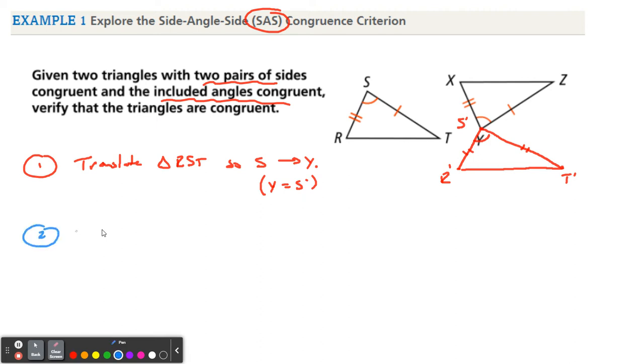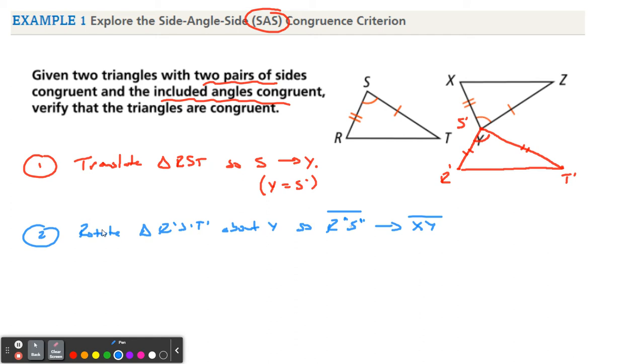All right, step 2, I'll do it in blue. Now I'm going to rotate triangle R prime, S prime, T prime about point Y. I'm going to do this so that R double prime, S double prime is mapped onto segment XY.